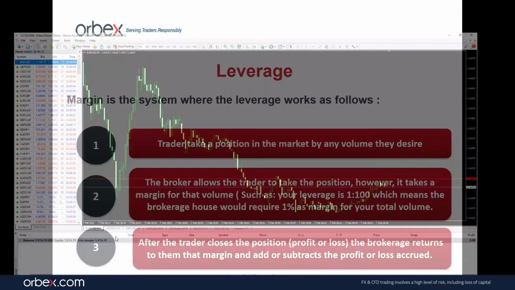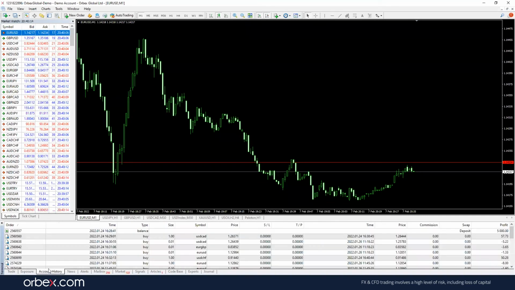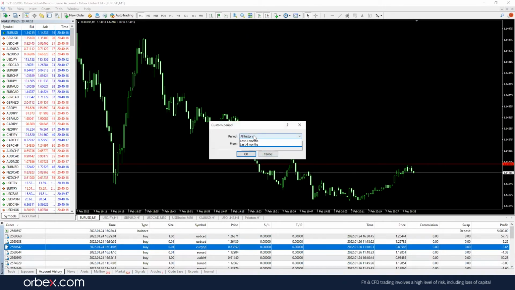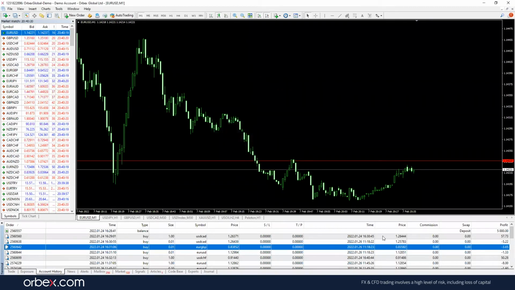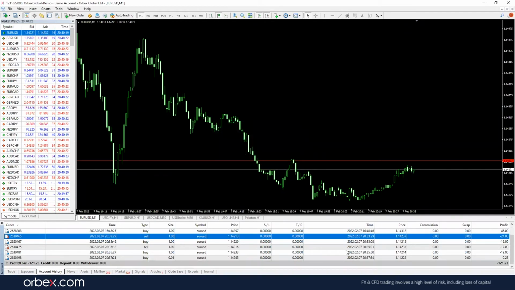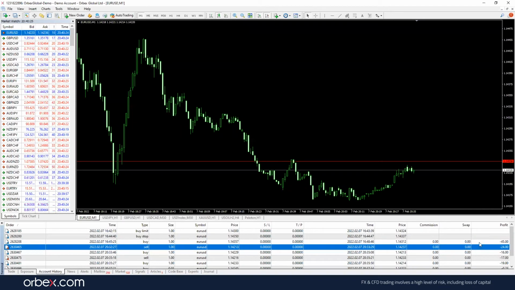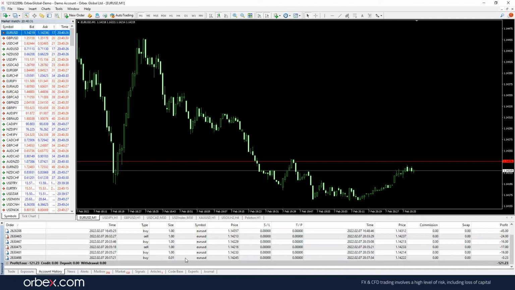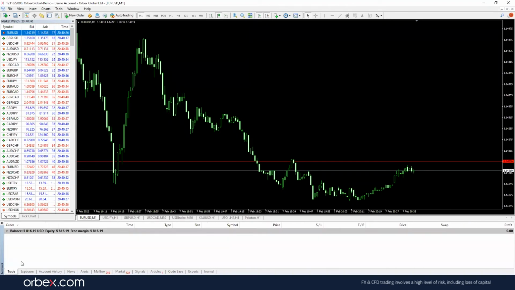So what I've done here, I'll show you my account history for today. Custom period, let's just do today, on the trades that I've just done live with you now. I've made a loss of $121 because I was just opening and closing trades for examples. That money has automatically been reduced from my balance.